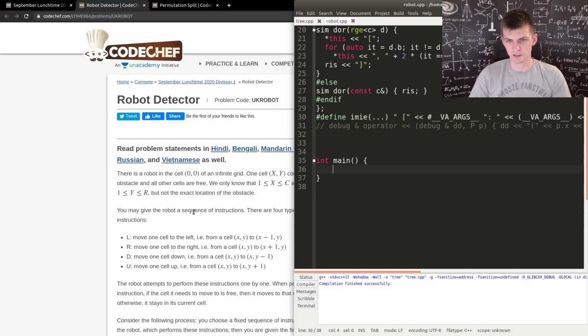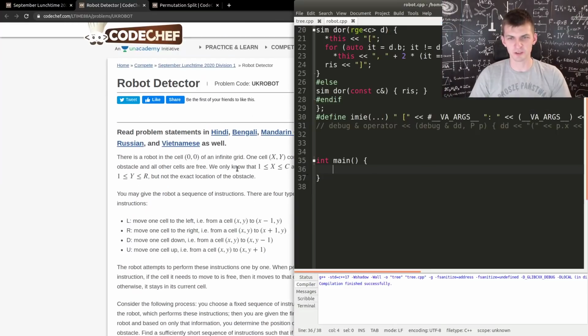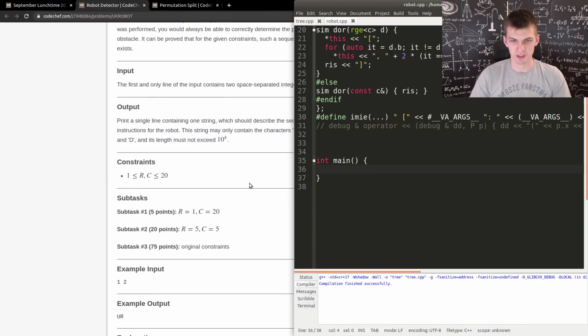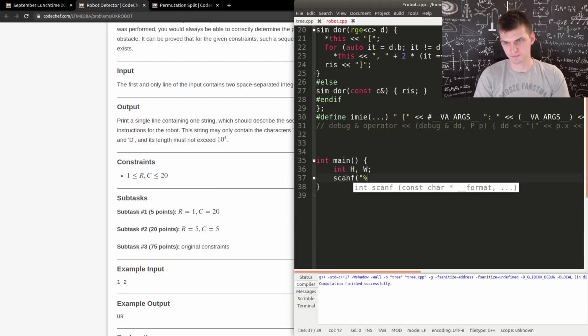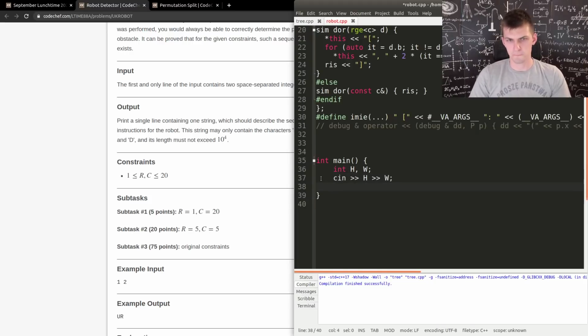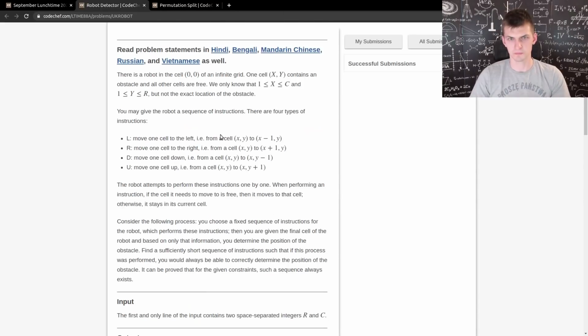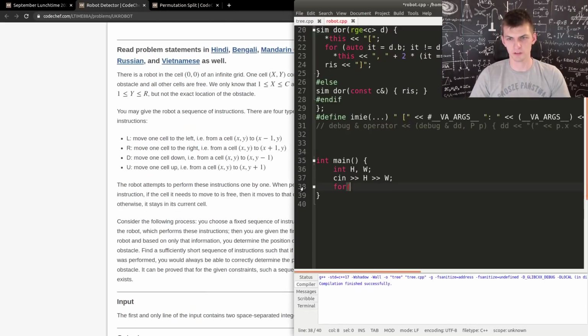Would have thought that this problem seems like a Codeforces problem a little bit, because we have a Codeforces coordinator as the problem author. Left columns. I start in 0, 0. Up.